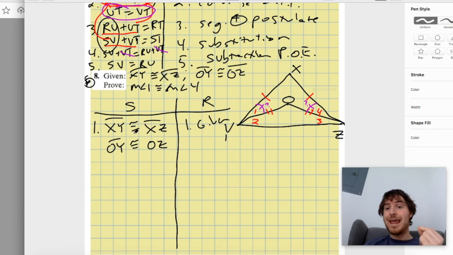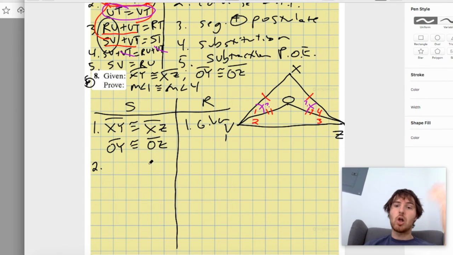So if I know that XY is congruent to XZ and OY is congruent to segment OZ because it's given to me, then I can say, as a next step, okay? So you see, it's just a long if-then statement. If this is true because it's given, then I can do what? If I start with sides being congruent, I could say what are congruent then?